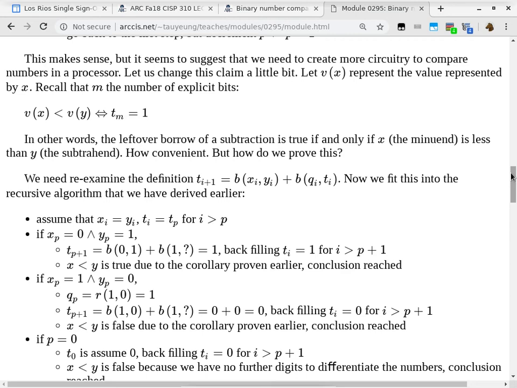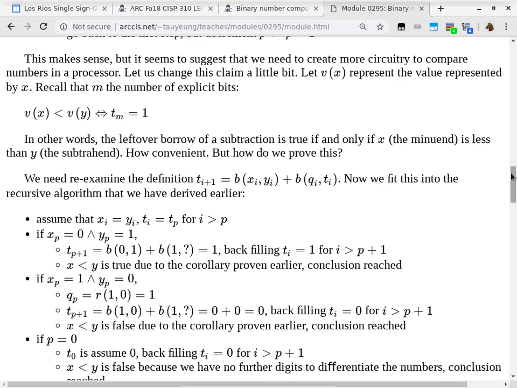Remember, m is the width of the binary number that we're dealing with. So that leftover borrow bit is an indicator whether x is less than y or not. Let's go through a few examples, because with this one, the best way to do it is to look at a few examples.